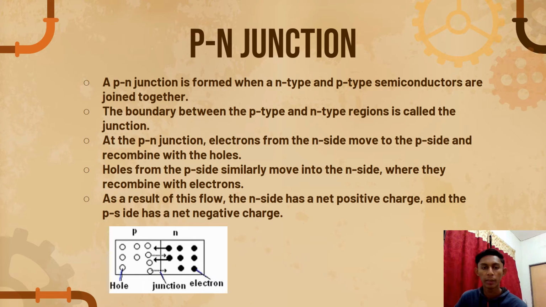Holes from the P side similarly move into the N side, where they recombine with electrons. As a result of this flow, the N side has a net positive charge and the P side has a net negative charge.